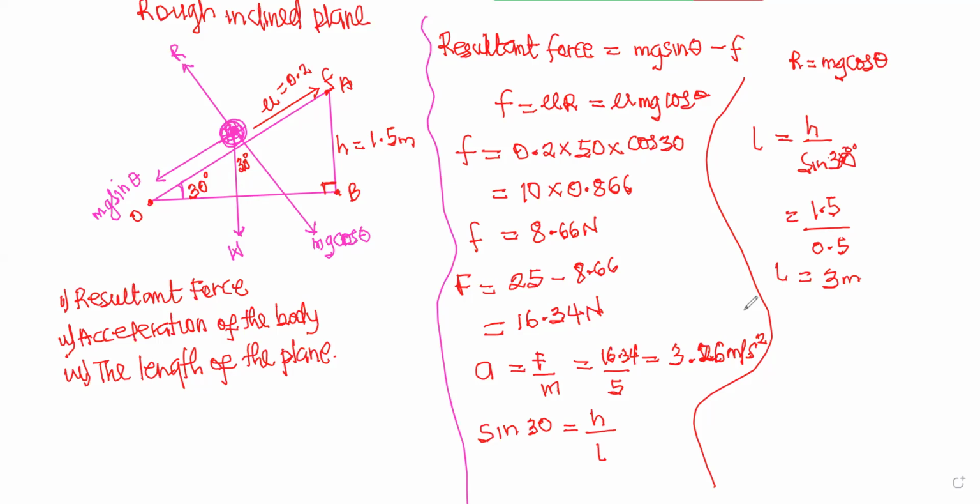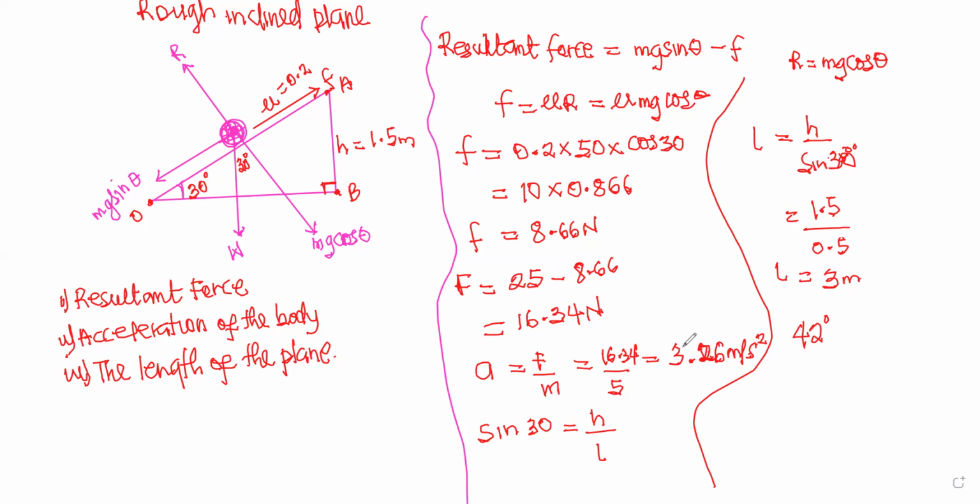A body of mass m kilogram, m unknown, is placed on a smooth inclined plane of an angle of 42 degrees to the horizontal.